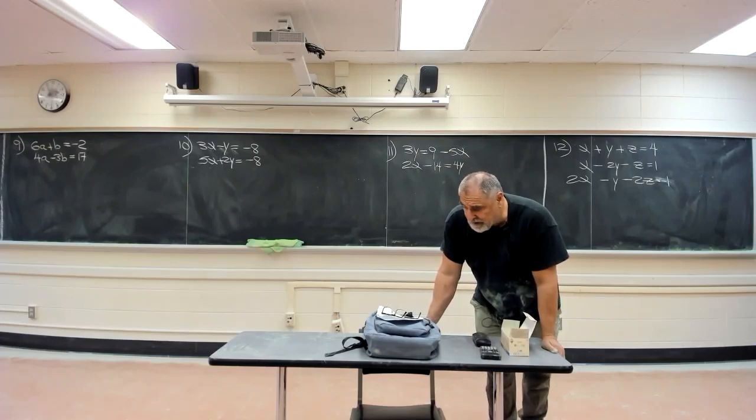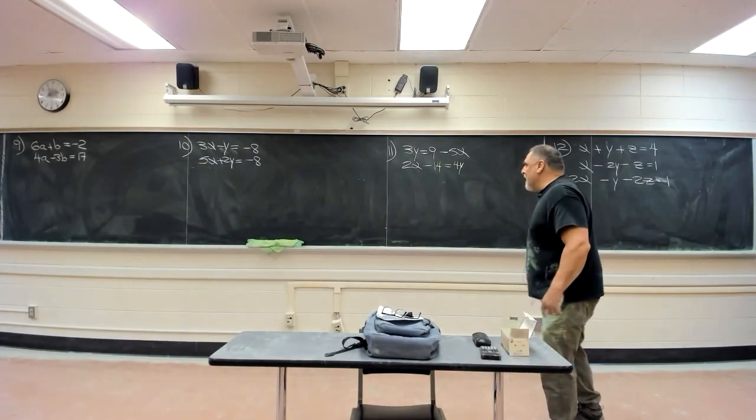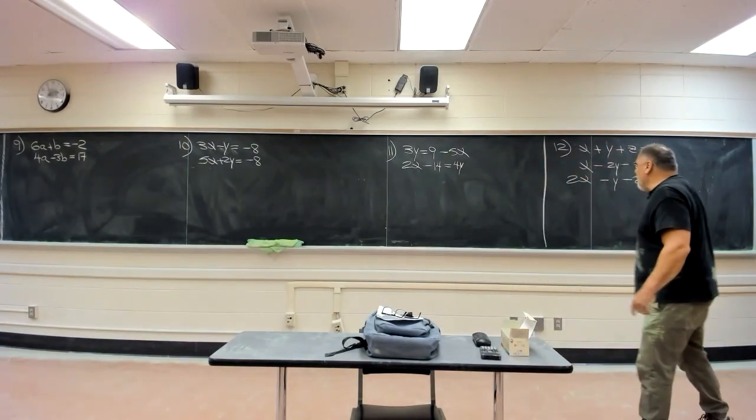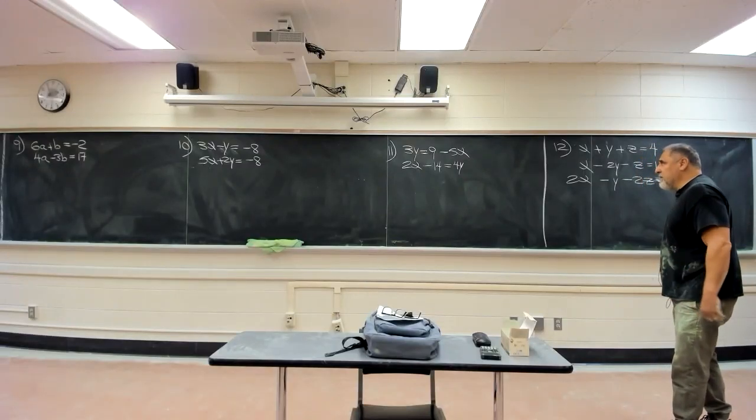You can have 100 independent equations in 100 unknowns, 1 million in 1 million unknowns, 1 billion in 1 billion unknowns. Theoretically, you can solve them with determinants. We don't need to go to that level, but we could.